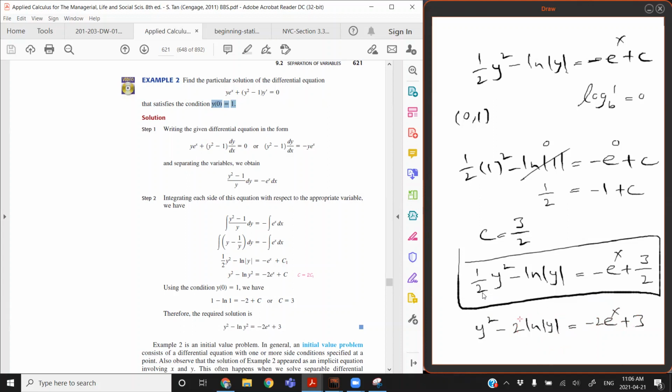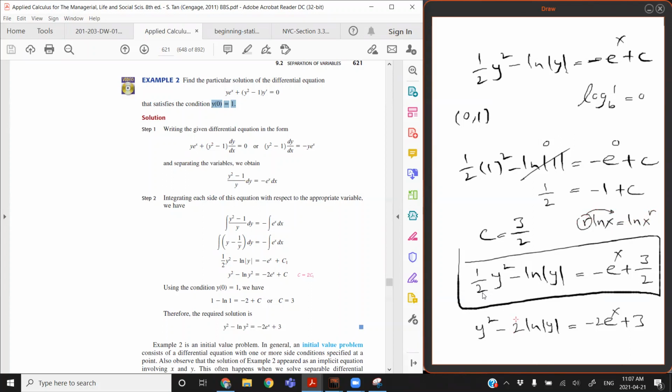And this here is the same as ln of absolute value of y to the power of 2, just because, as I told you before, r ln of x is equal to ln of x to the power of r. So this can be moved to the power position.